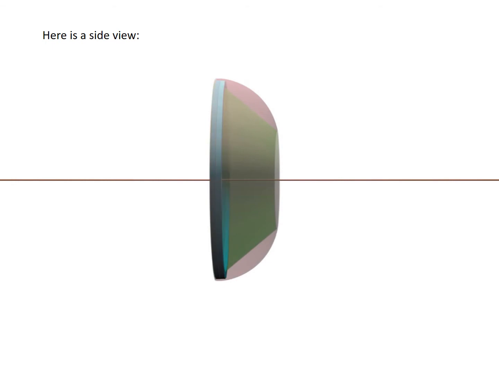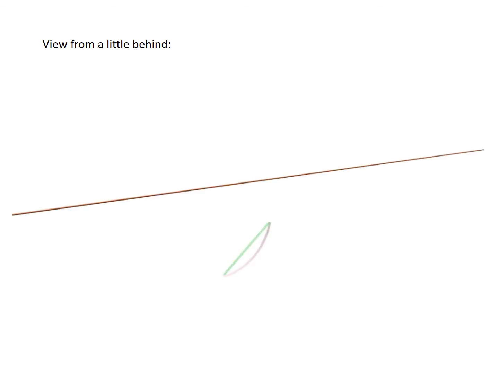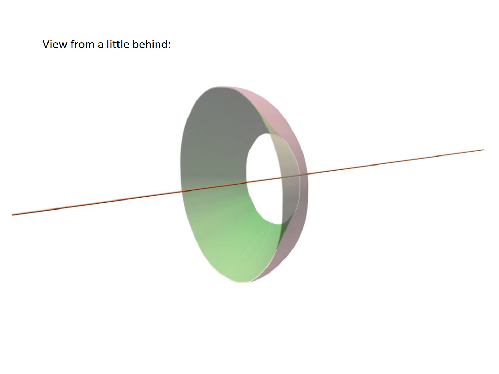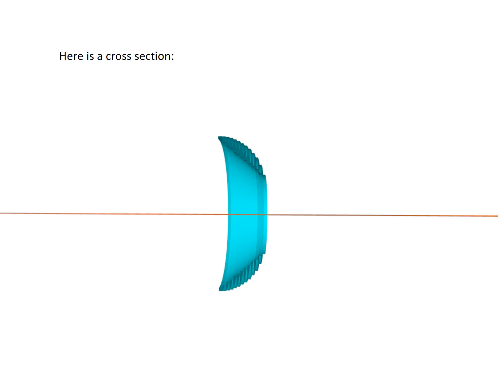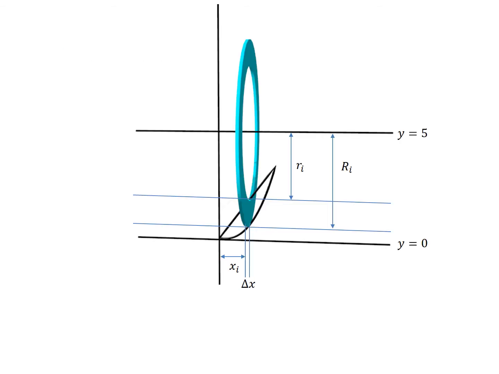You can have a side view here. And we can have the view from a little bit behind the object. So here's a cross section. And here's our illustration of a single washer.